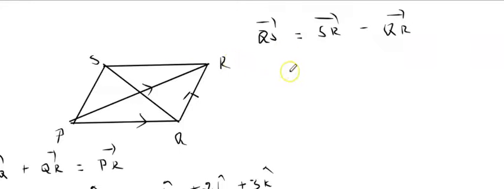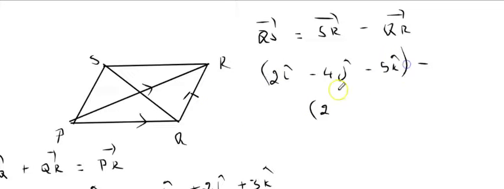SR vector is parallel to PQ, so in place of SR I can put 2i vector minus 4j vector minus 5k vector, minus, let me put it within brackets, be careful of the symbols, children, 2i plus 2j plus 3k.